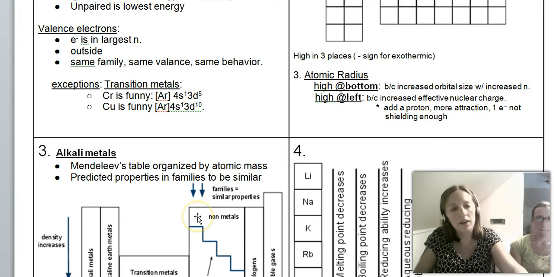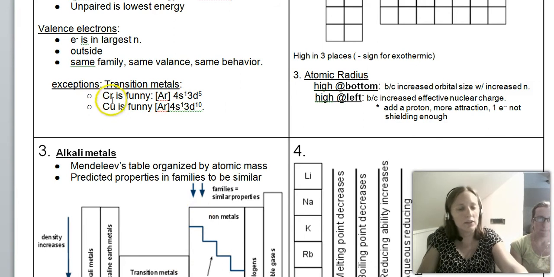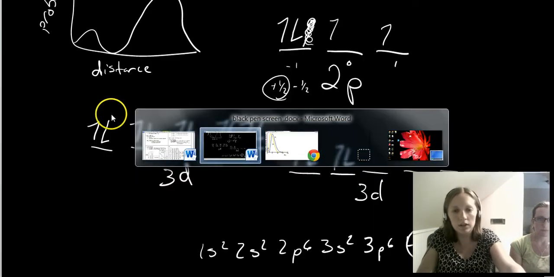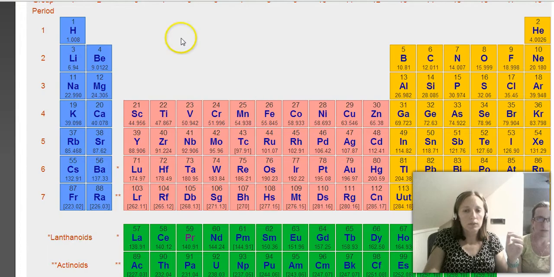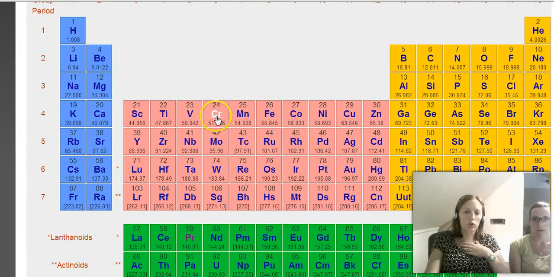But because copper and chromium are really common, where did my periodic table go? Because they're really common elements, chromium here and copper here, it's sort of important to know what their electron configurations are doing. And what's interesting is that copper is 1 shy of a full d.